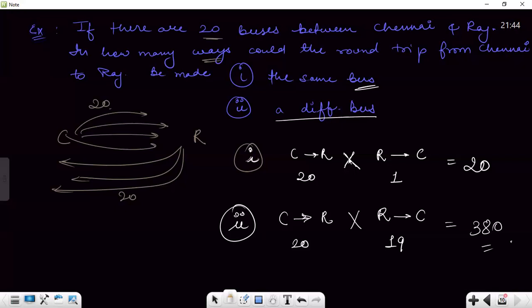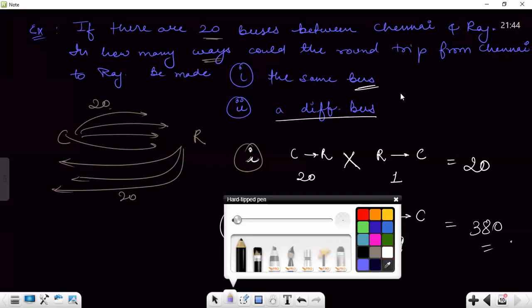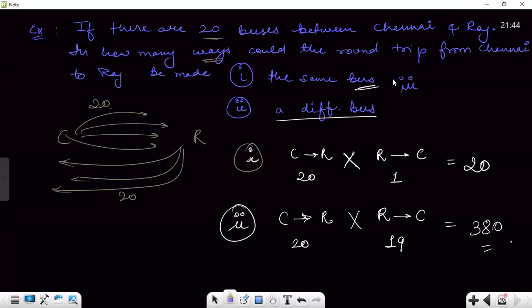Yes. Now let's say we have to find just the total number of ways, regardless of whether you take the same bus or a different bus, it doesn't matter. Let's find the total number of ways. Then what will be the answer? Can anyone?